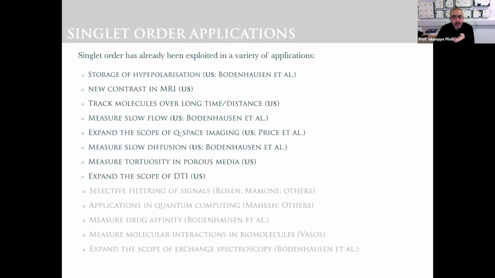And here is a list of applications which has been developed over the years by us as well as other colleagues. For example, we have been using those states to store hyperpolarization, have a new form of contrast in MRI, track molecules over long times and long distances, measure slow flow, and all the way down the list.